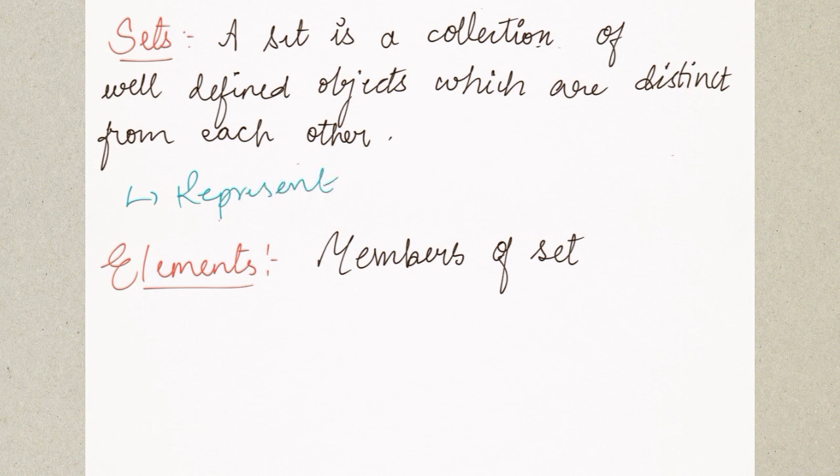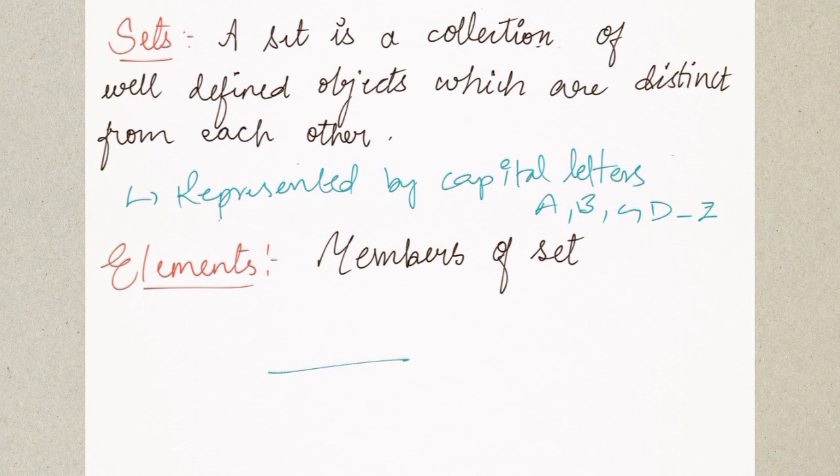Then we need to know something called elements. All the members of the set are called elements. These elements are generally represented with small letters of the English alphabet.